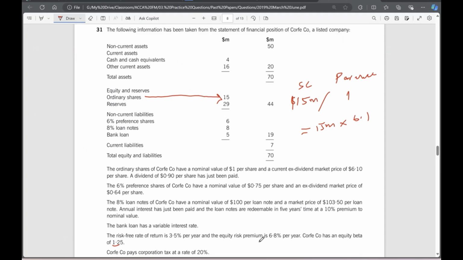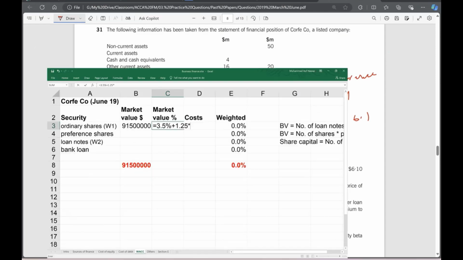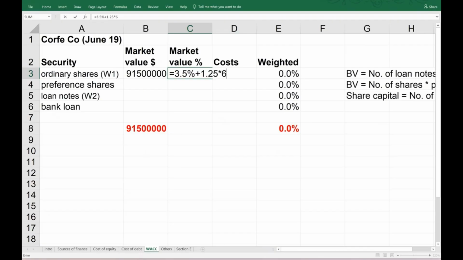He gave you the risk premium, which is already RM minus RF, 6.8%. So 12% is my ordinary share cost.